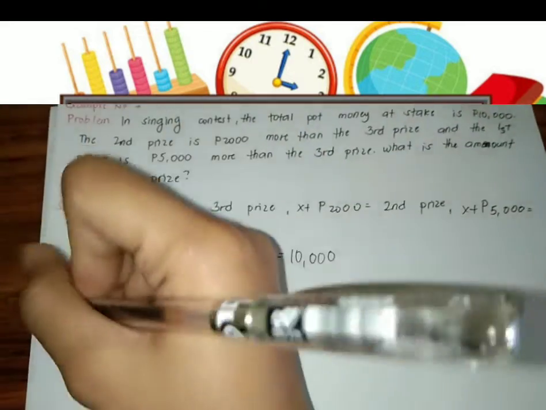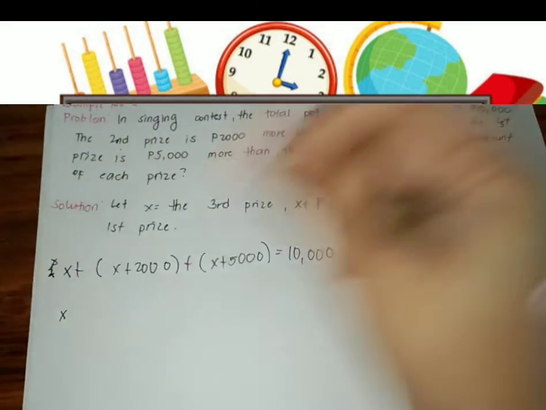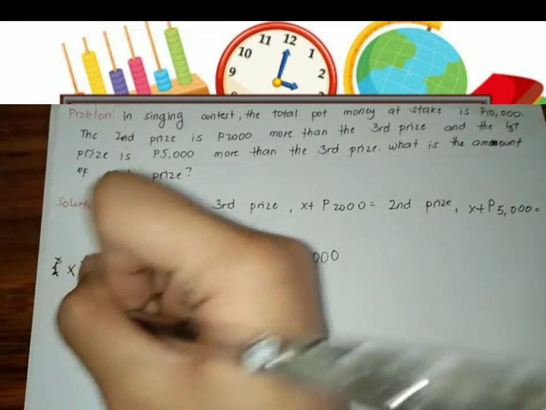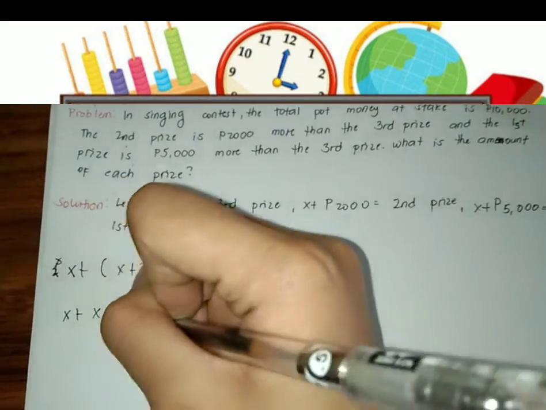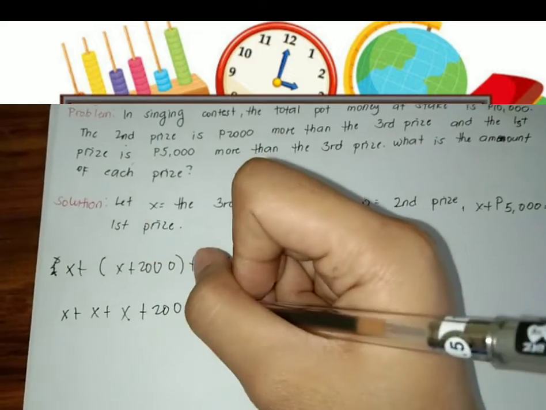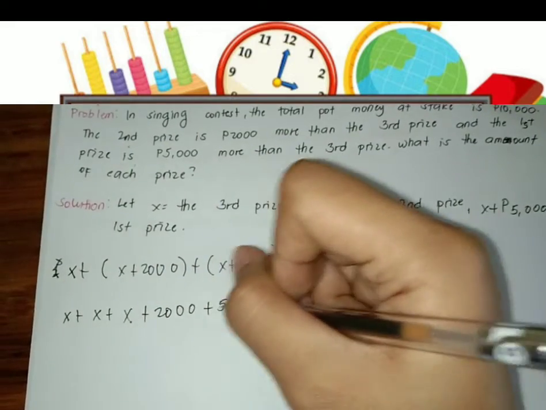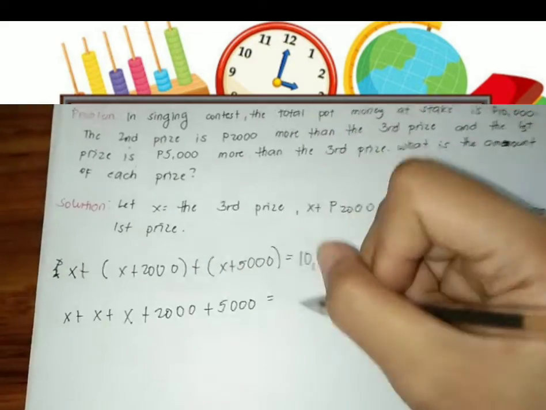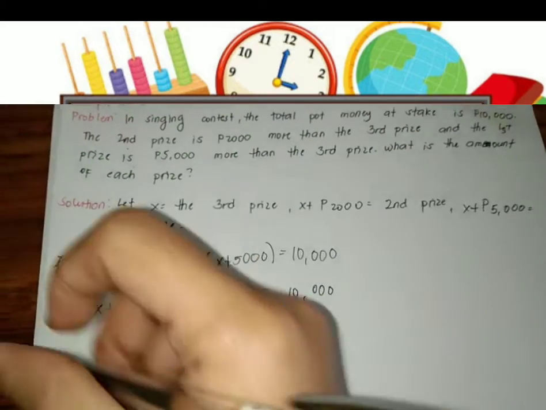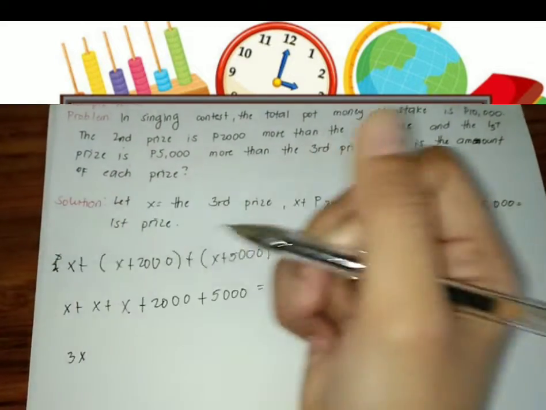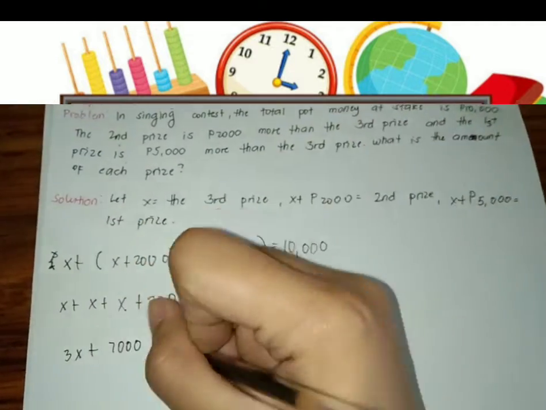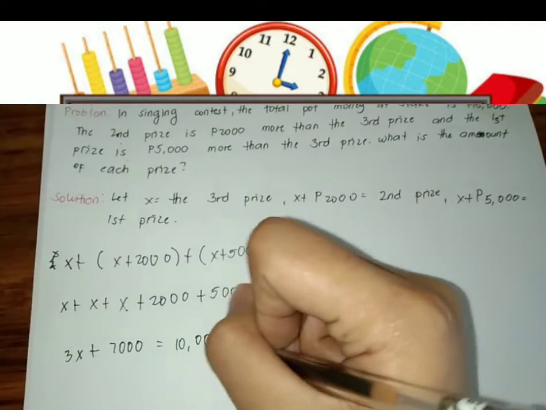Now we are going to multiply, so we have x plus 2,000 plus 5,000 is equal to 10,000. Now we are going to add it. So we have 3x plus 7,000 is equal to 10,000.